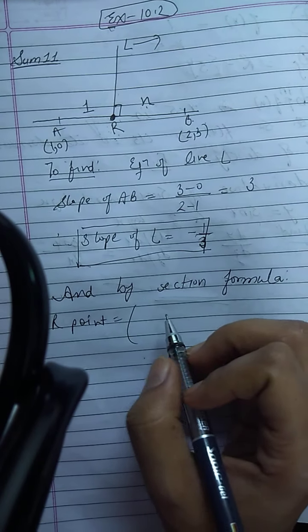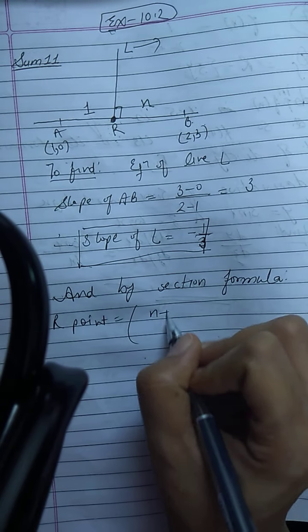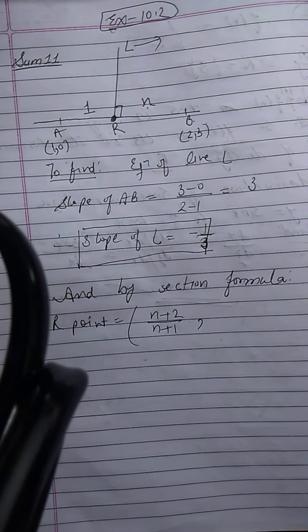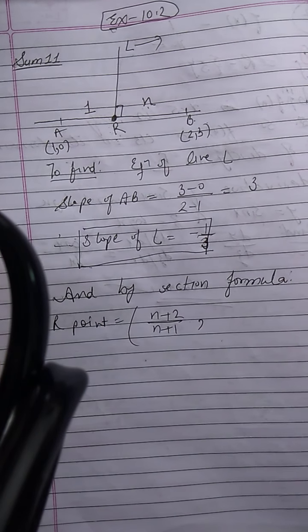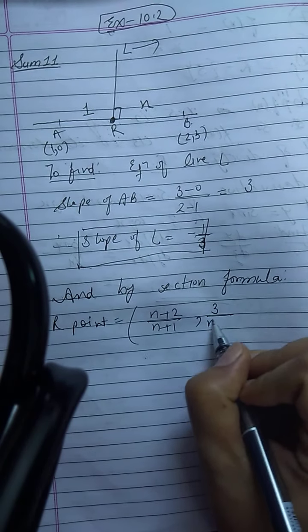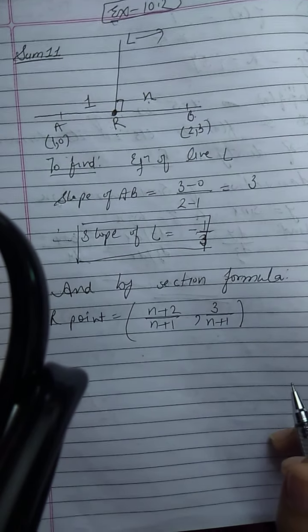So this will be equal to (n plus 2) divided by (n plus 1), and the second will be n into 0 plus 1 into 3, so 3 divided by (n plus 1). Okay, these are the coordinates of the point R.